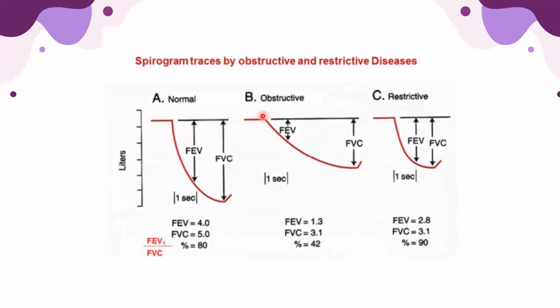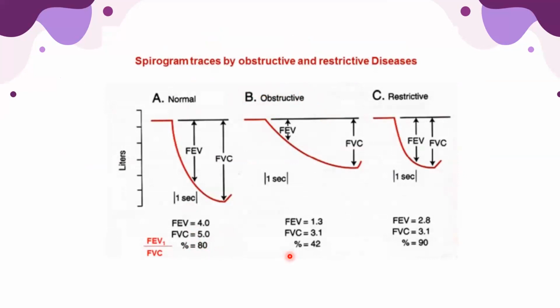Here you can see normal, the ratio is 80%. Obstructive lung disease is a type of lung pathology, and what you're going to see here is that your FEV1 to FVC ratio has decreased. It's 42%.